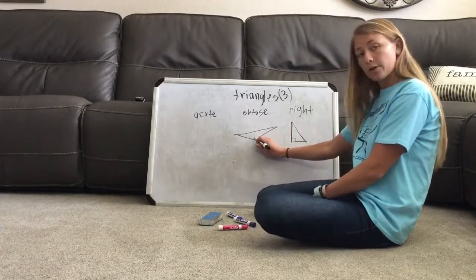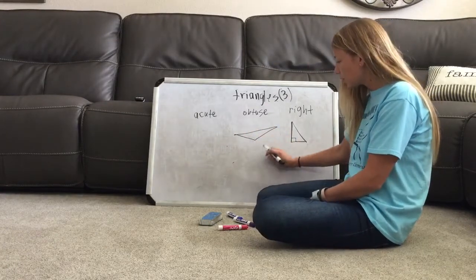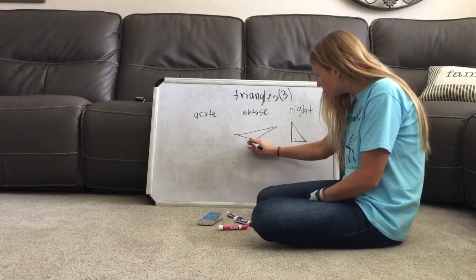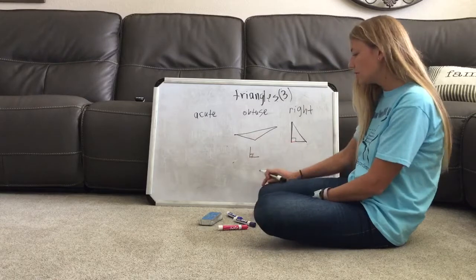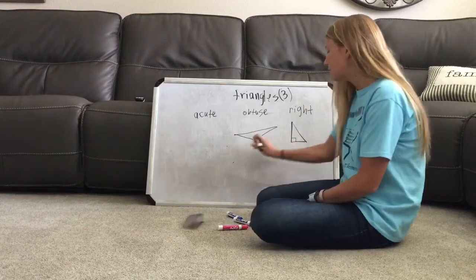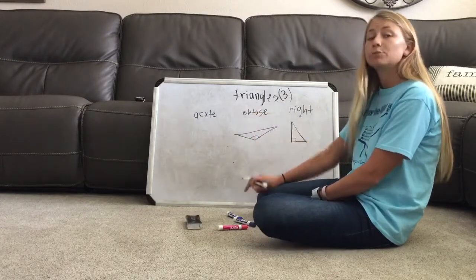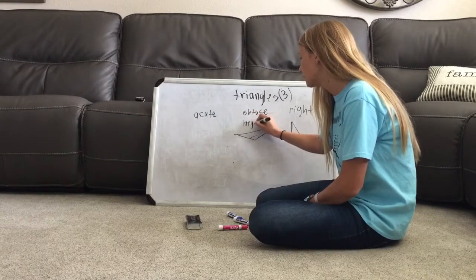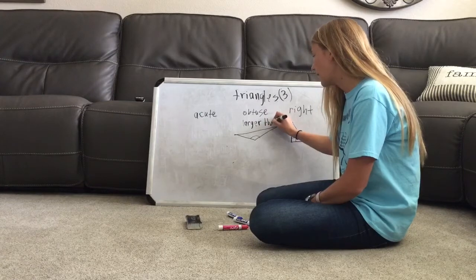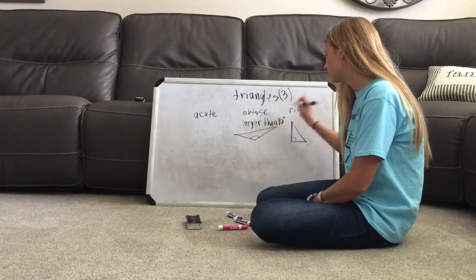Do you see how this angle is very large? It's bigger than a corner. Remember, a corner would have looked like this, and it would have that box. But this is very large, so it is an obtuse angle, which means it is an obtuse triangle. It has one angle that is larger than the right angle, which is 90 degrees.